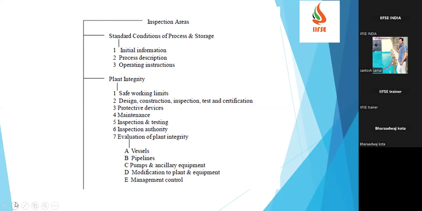Then design and construction, inspection, test certificates, protective devices and maintenance, you can also check how it is happening. Then inspection and testing, inspection authority, and evaluation of plant integrity, meaning how you are evaluating the integrity, which is the strength and the condition of the plant. You can inspect the vessels, pipelines, pumps, and auxiliary equipment, modification to the plant and equipment, and the management control.